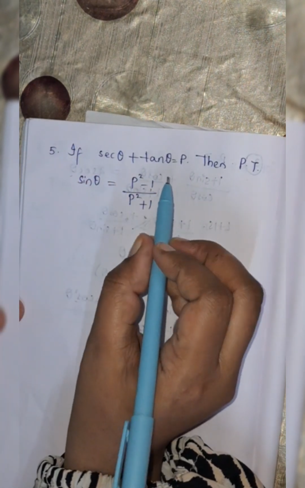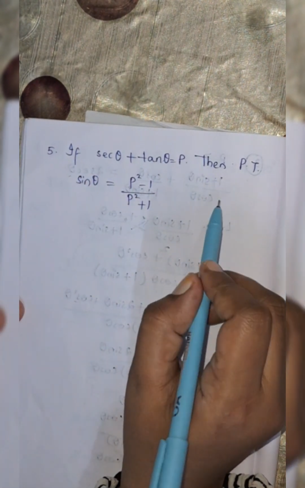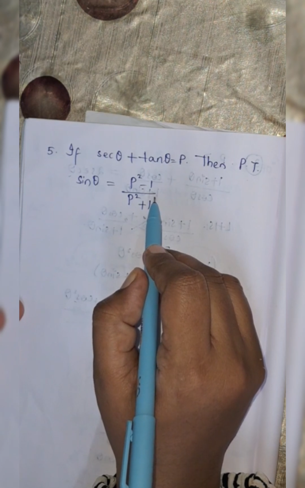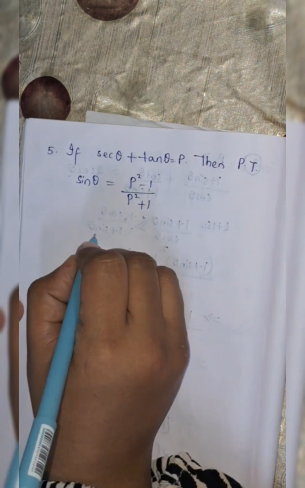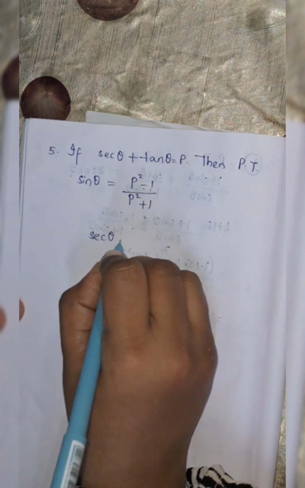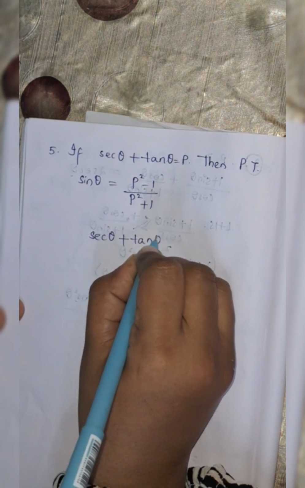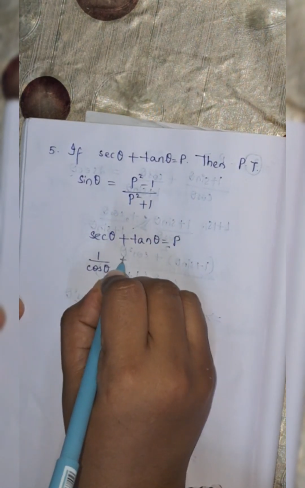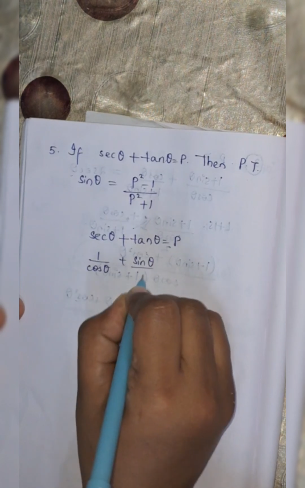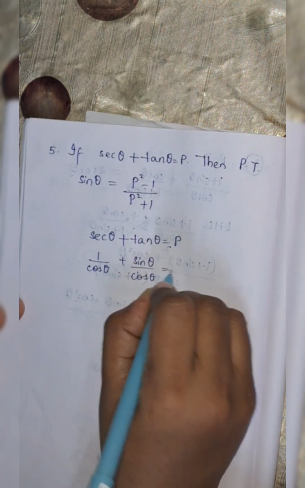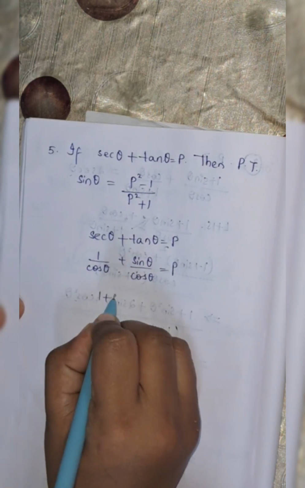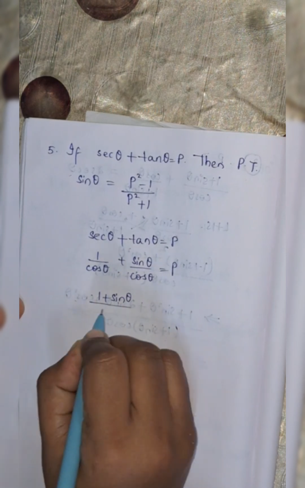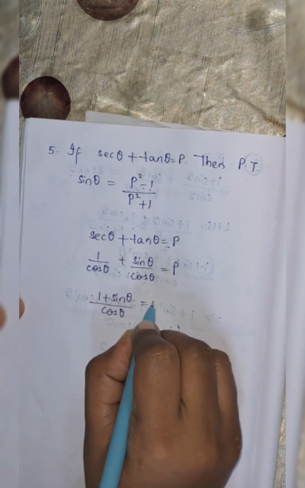First, sec theta plus tan theta is equal to P. Sec can be written as 1 by cos theta, and tan can be written as sin by cos. So this will be (1 plus sin theta) by cos theta is equal to P.